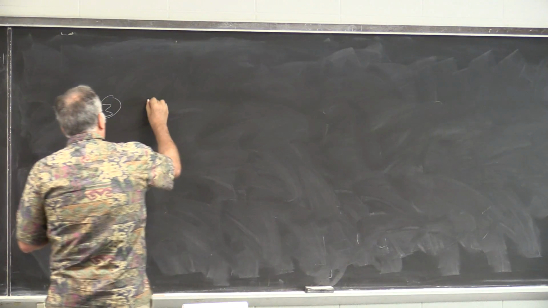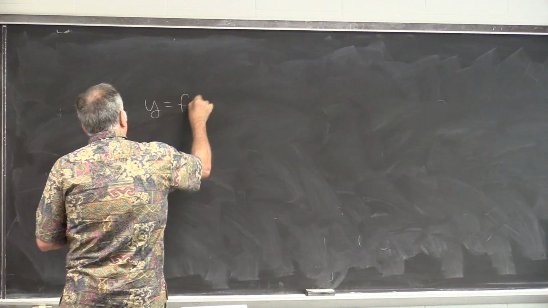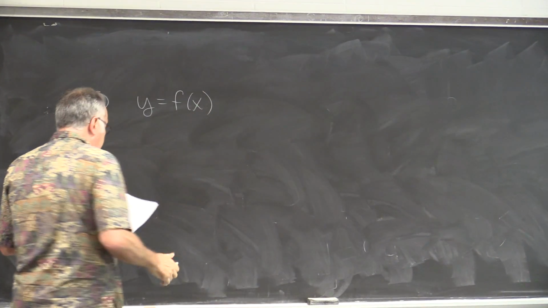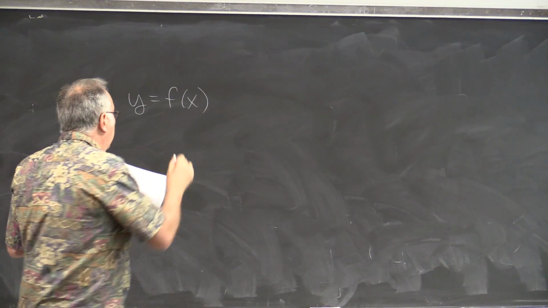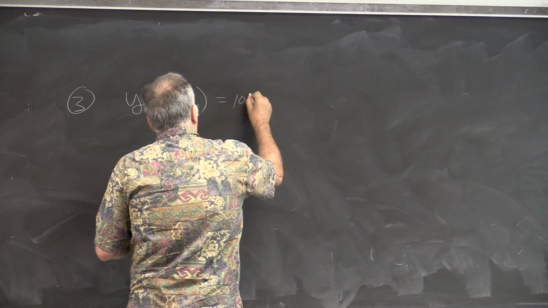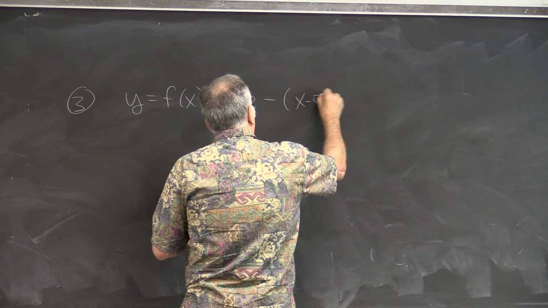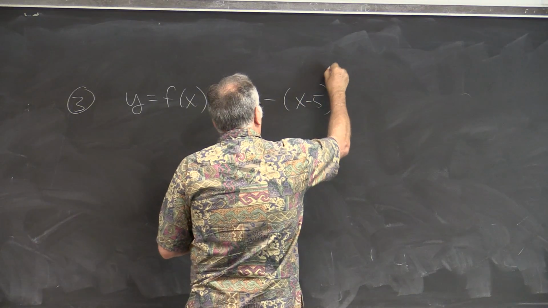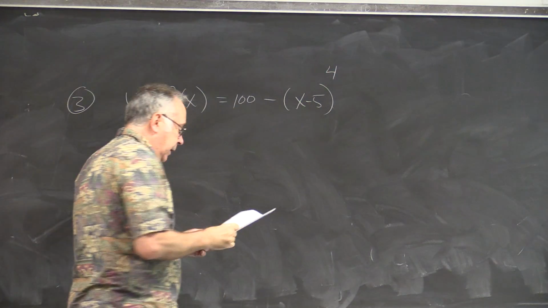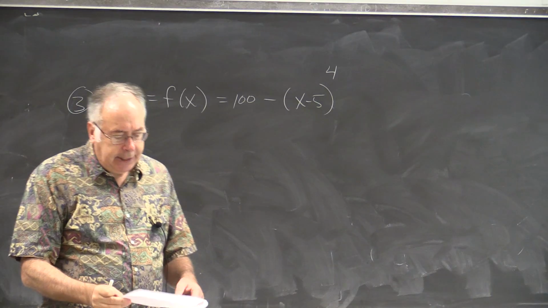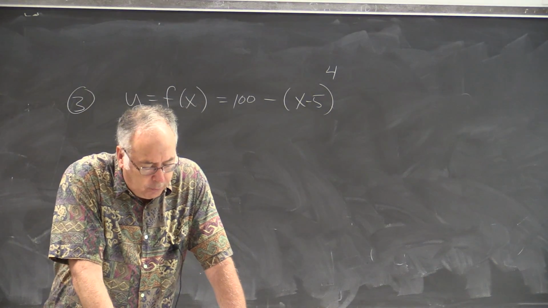Suppose you have y. Notice y is a function of x. I'll just insert that so that wasn't introduced. y equals 100 minus x minus 5 raised to the 4th power. Find the stationary values of y.